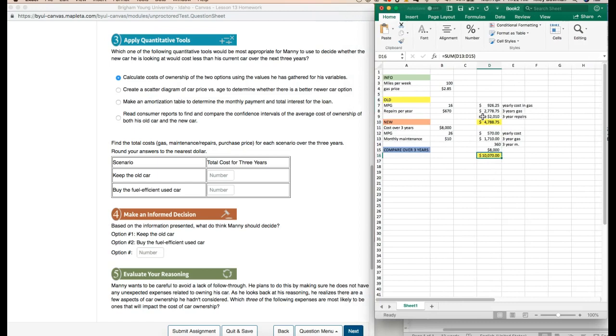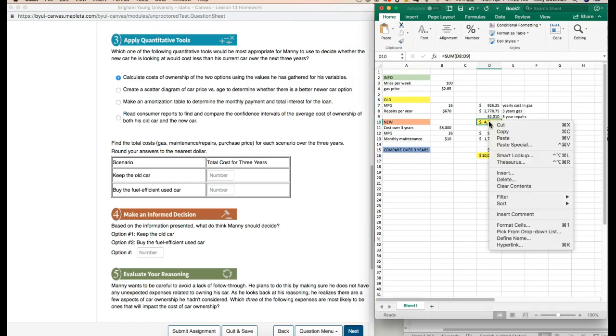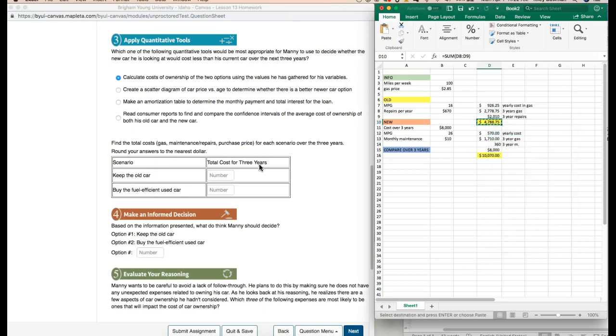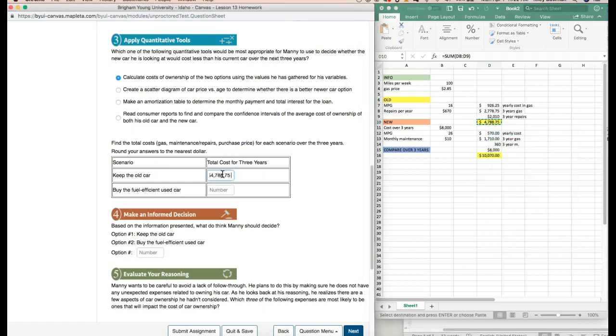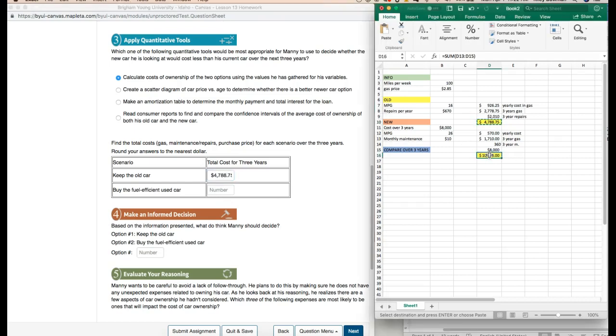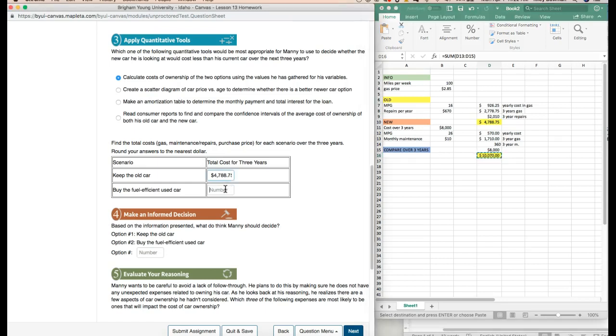Actually, let's see. This was the old car. I'm going to copy this number and see if it'll paste over here. Oh, it did. Excellent. And we're going to do that on this one so I don't even have to worry about typos. We're going to do Control C for copy, Control V for paste, and I think we better take out the $ though.